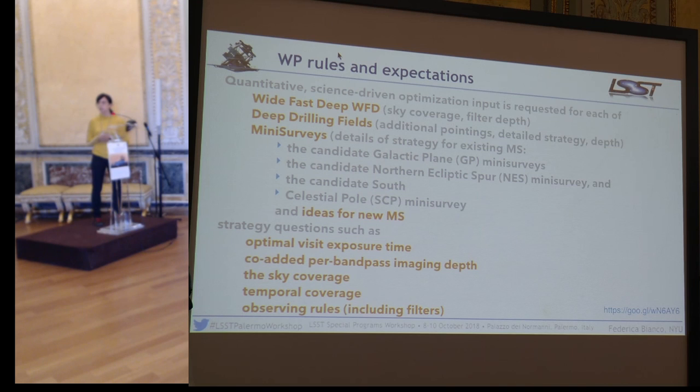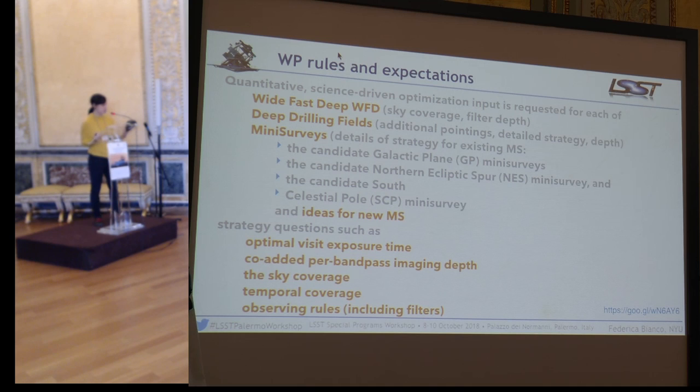So the project is eager to hear the scientific merit of both. The northern ecliptic spur, same thing. The candidate South celestial pole, sorry, there is one bullet too many and a little bit of a mess in this slide. But also ideas for new mini-surveys are welcome. A mini-survey that is being proposed, for example, is the Magellanic Clouds mini-survey that I know several of you may be interested in.